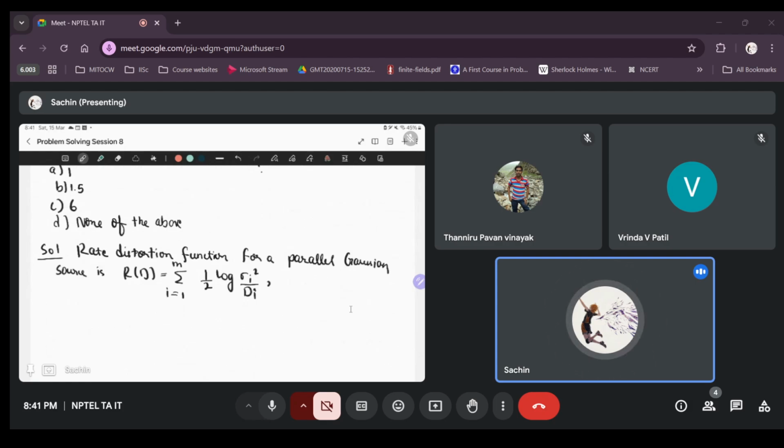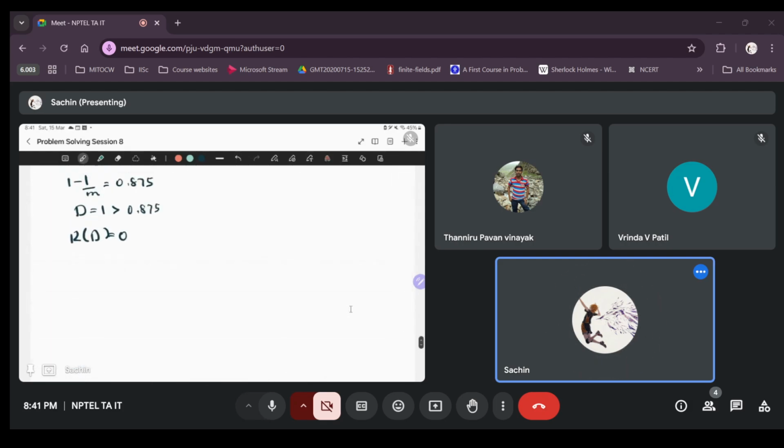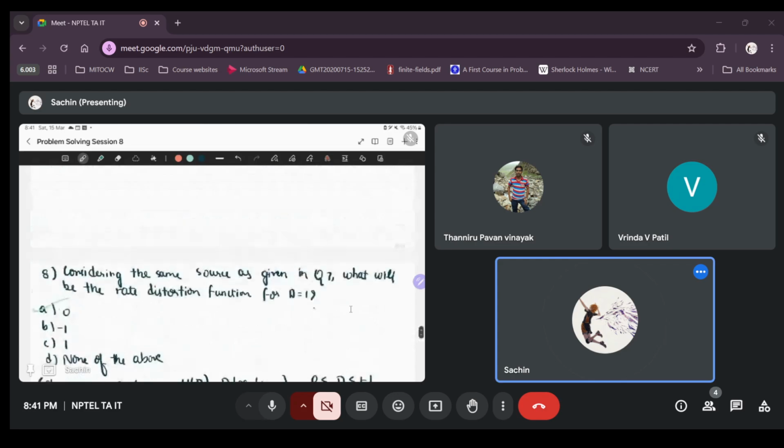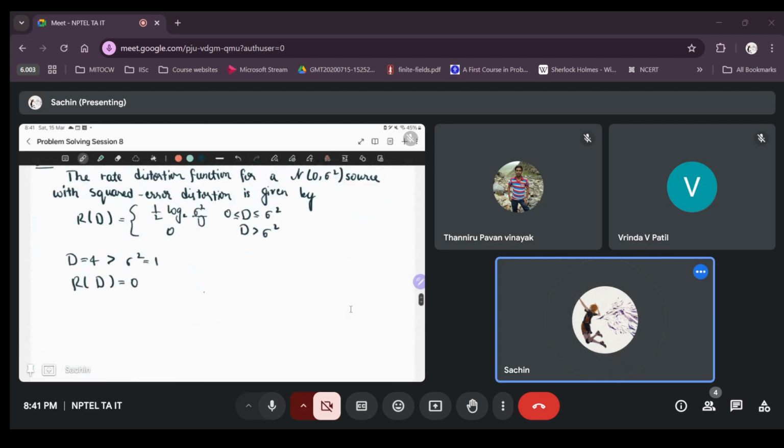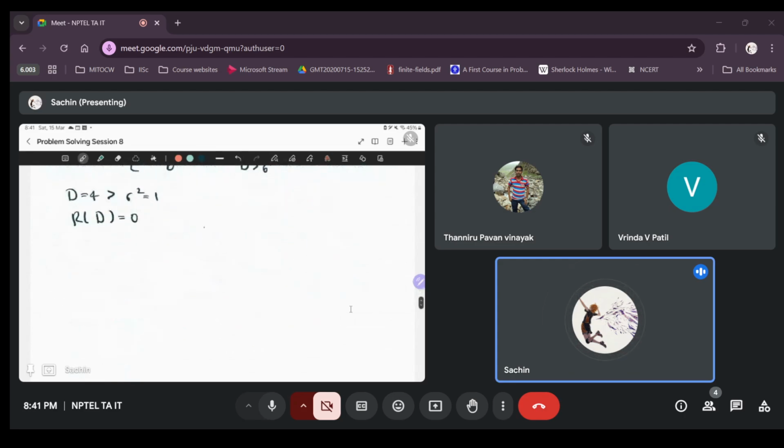For a single Gaussian random source, we saw that R of D was half log of sigma square by D if D is between 0 and sigma square. We have multiple channels.